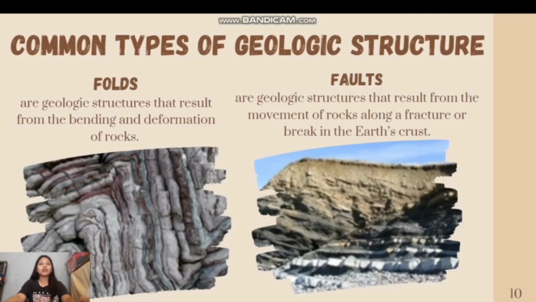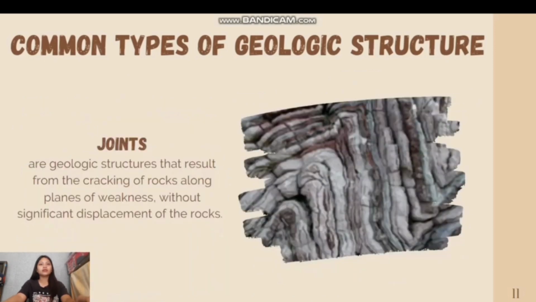Faults are geologic structures that result from the movement of rocks along a fracture or break in the Earth's crust. Fractures are commonly caused by stress exceeding the rock strength, causing the rock to lose cohesion along its weakest plane. Moreover, plate tectonics such as convergent and transform faults cause the large faults.